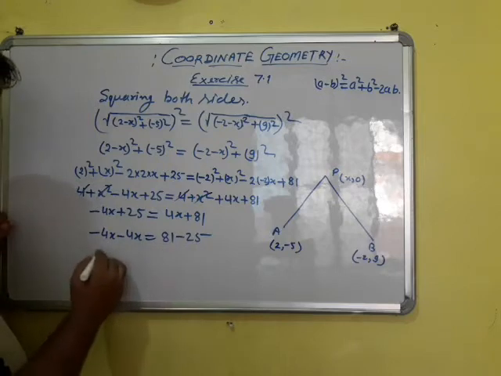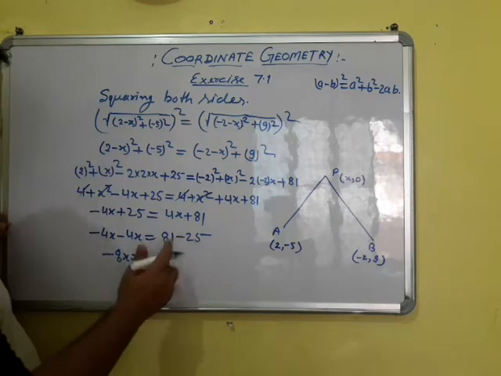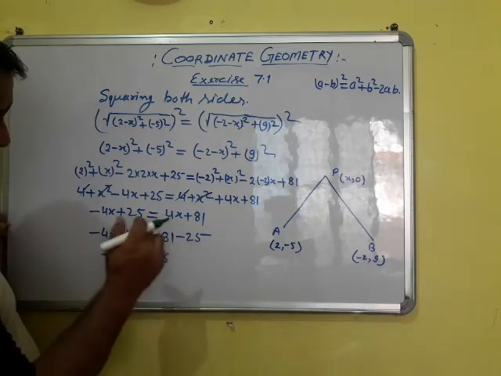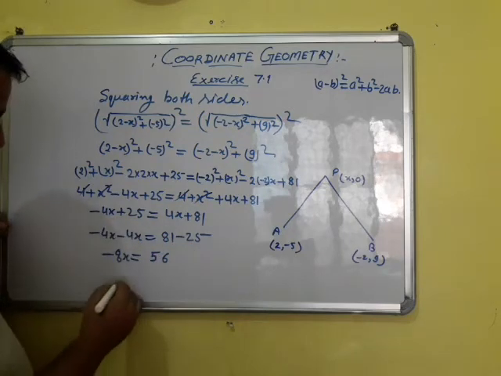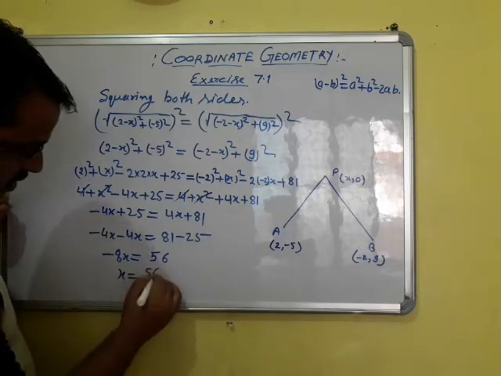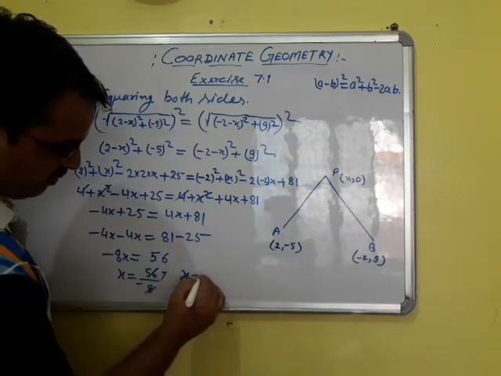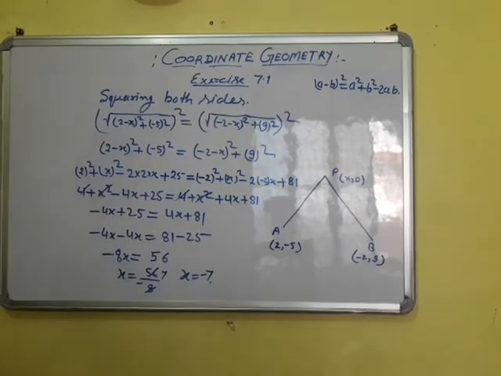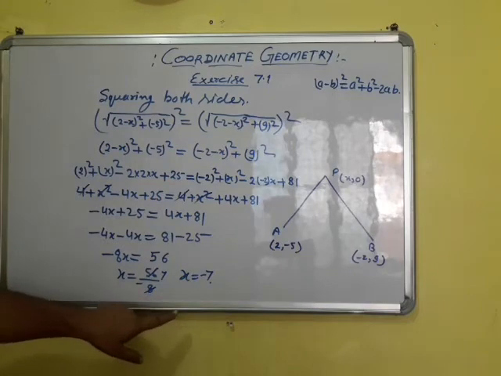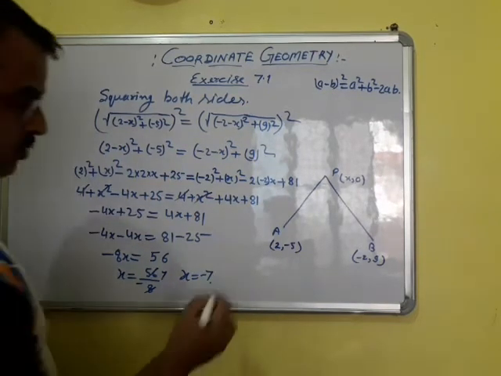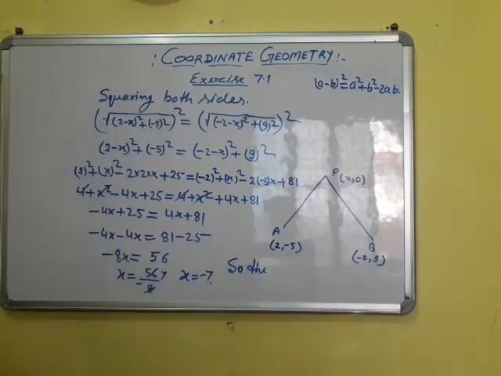So we get minus 8x is equal to 56, so x is equal to 56 by minus 8. 8 sevens are 56, so x is equal to minus 7. So the coordinates of the point P are (-7, 0).